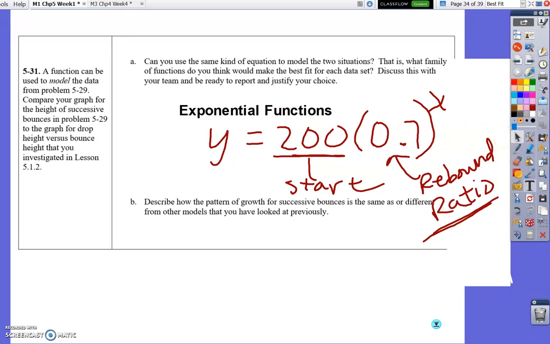And then describe how the pattern of growth for successive bounces is the same as or different from other models. It is the same because it's multiplying, and that's what we started with on Tuesday. It is different because we've been adding forever. So with all of our line patterns, we were adding or subtracting the same number every time. And with this exponential pattern, we are multiplying by the same number every time.